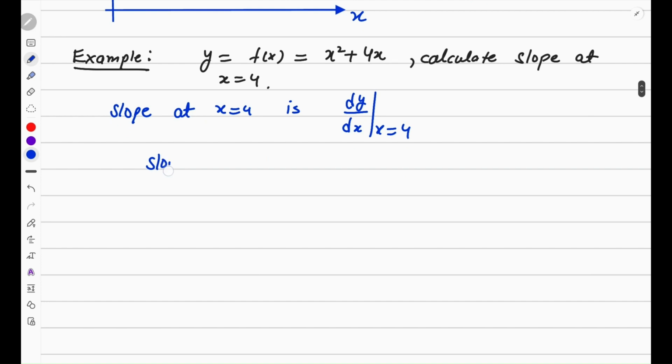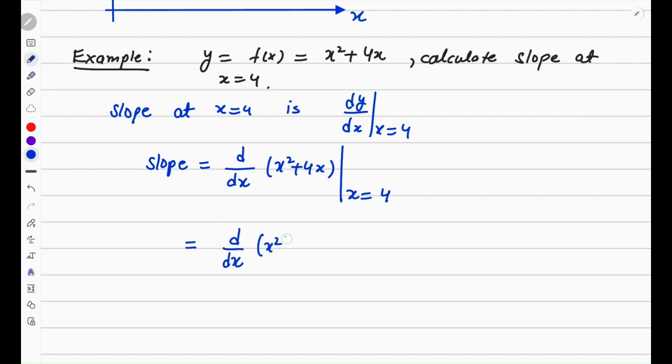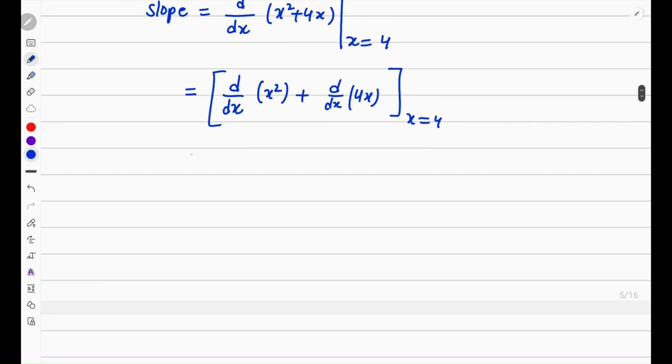So the slope will be d over dx. What is the y? The y value is x square plus 4x at x equal to 4. We can differentiate x square separately and differentiate 4x separately, and we can substitute the value x equal to 4 after the differentiation.